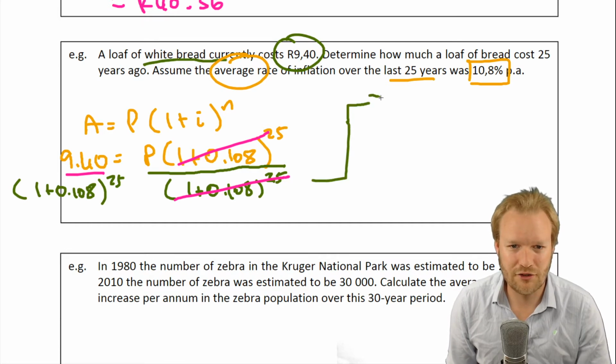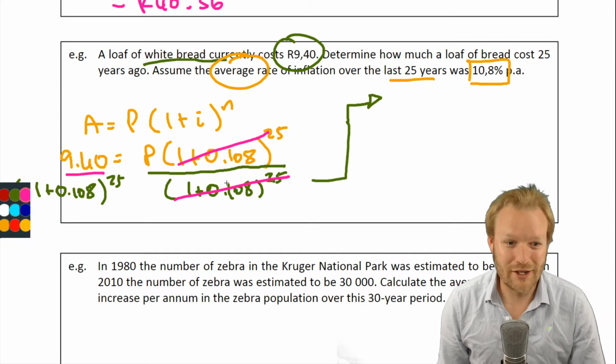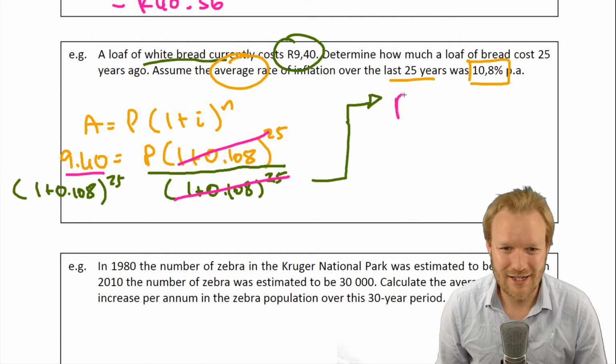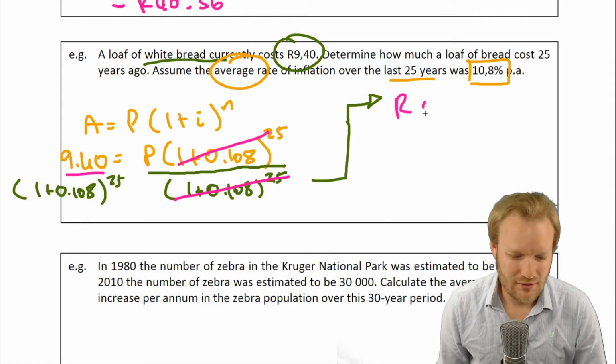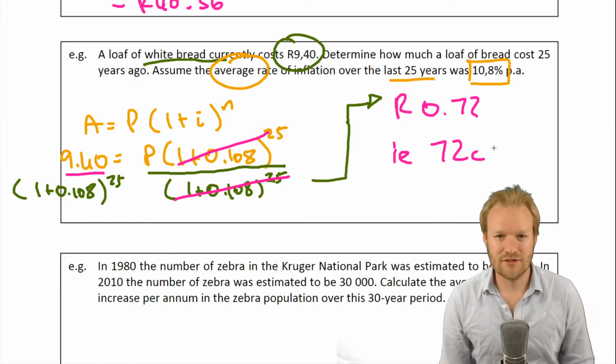Do my little arrow thing that I seem to love so much. And what do we get? Calculator. This comes out to 0.72. So in other words, another way of writing that might be 72 cents.